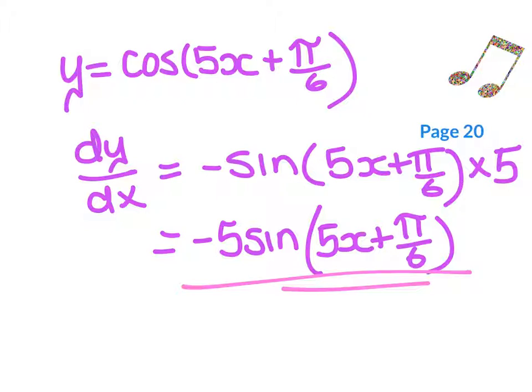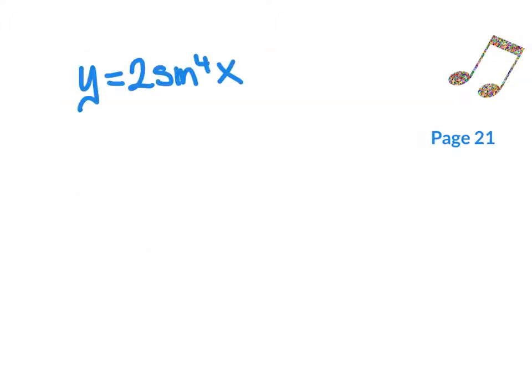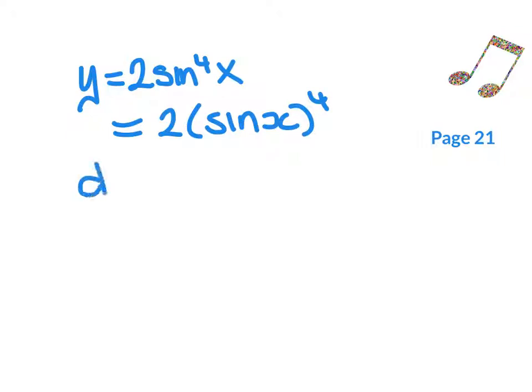We're going to nip to page 21 and fill in example 2. The example is y equals 2 times sine to the power of 4x. I'm just going to rewrite this with brackets so that I don't make a mistake when I'm differentiating. Now I'm going to take the derivative by using my normal rules.